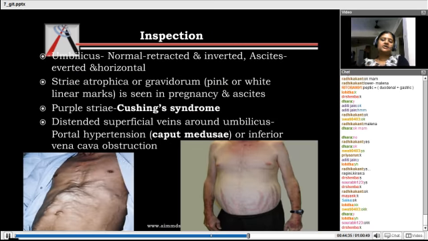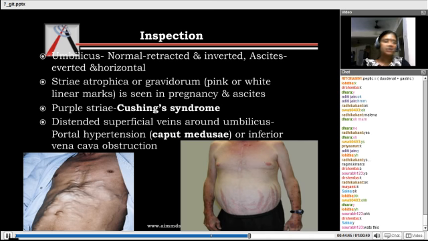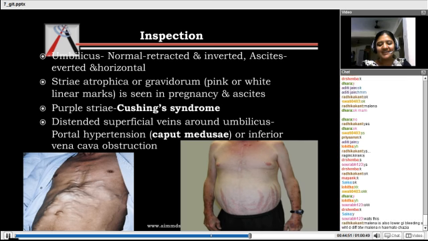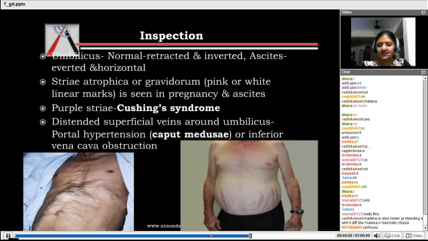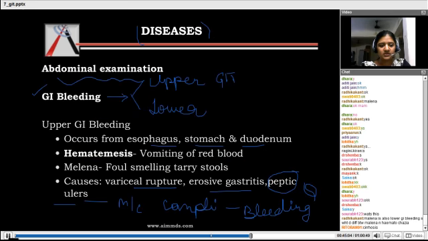Now, let's go to the inspection part. When you have a patient who comes to you with a GIT disturbance, you will do examination, inspection, palpation, percussion, etc. When you're doing inspection, what is the thing you're looking at? I will tell you. Don't get frightened with it, I'll tell you. Hematuria is when you have red blood in stools.